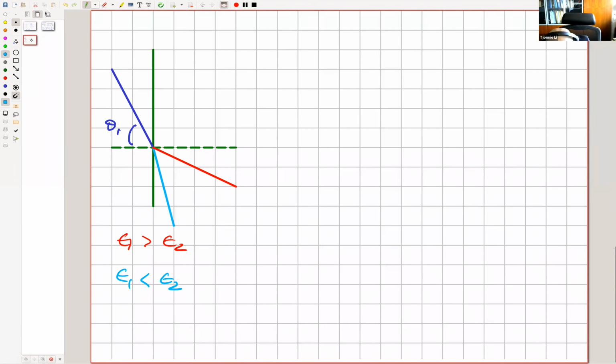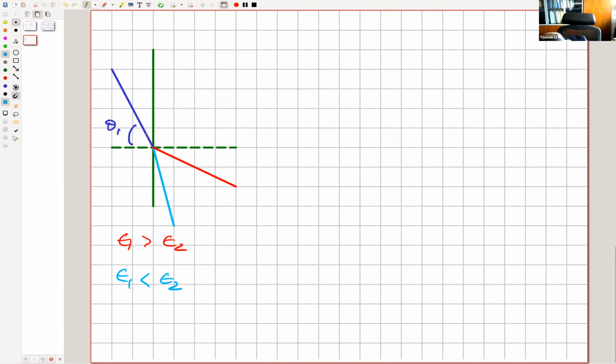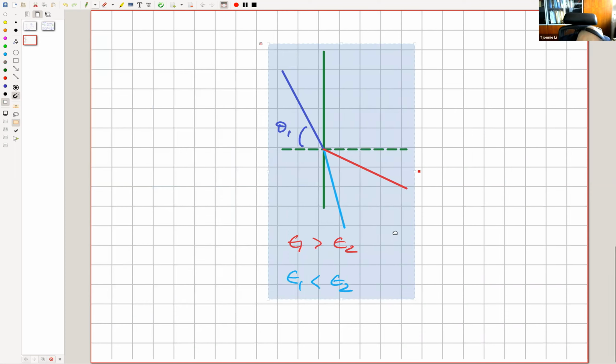And so when is this tangent bigger? That is when theta 2 is smaller than theta 1. Indeed, this angle here is bigger than this angle there. And then of course in reverse we have this scenario over here.